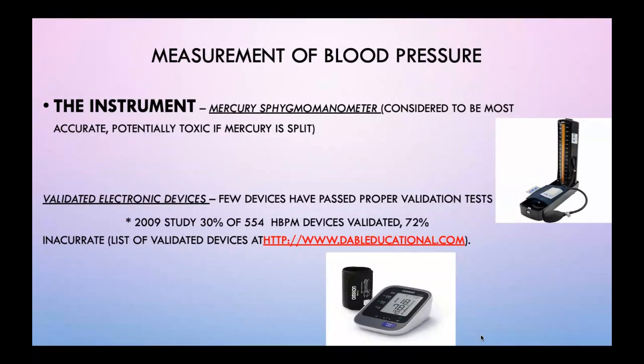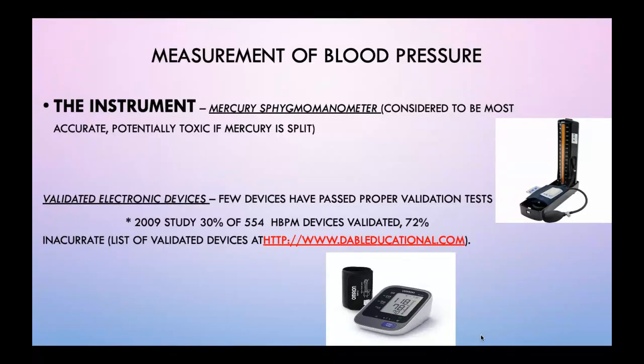I've put this slide here in particular just to bring to your attention, especially with the influx of these readily available instruments now, that there was a study conducted in 2009 and it was found that only 30% of 554 home blood pressure monitoring devices were validated, and 72% of them were found to be inaccurate.